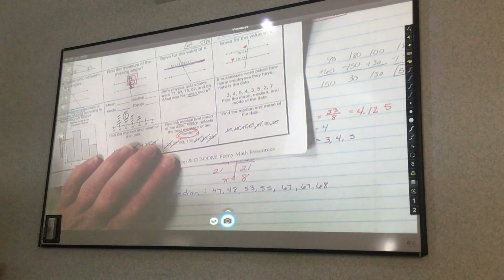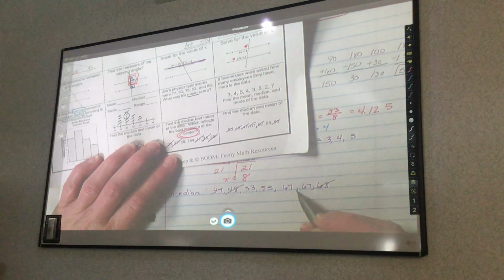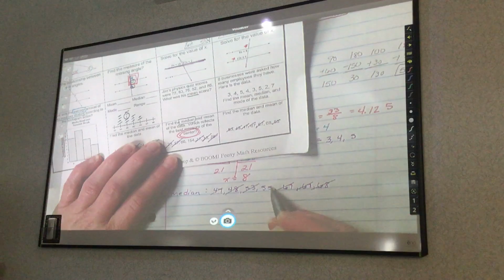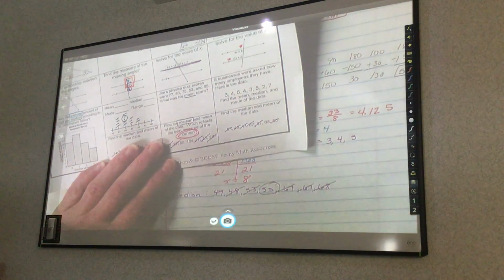Then you do, for the median, one from the front, one from the back, one from the front, one from the back, one from the front, one from the back. Circle, so my median is 55.